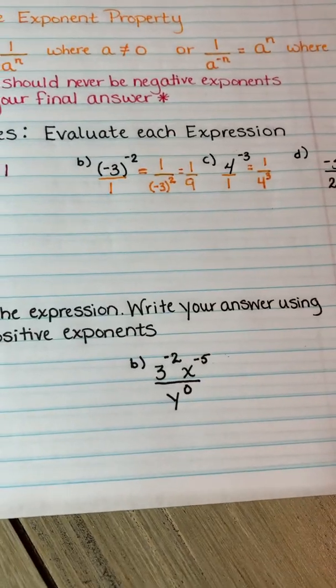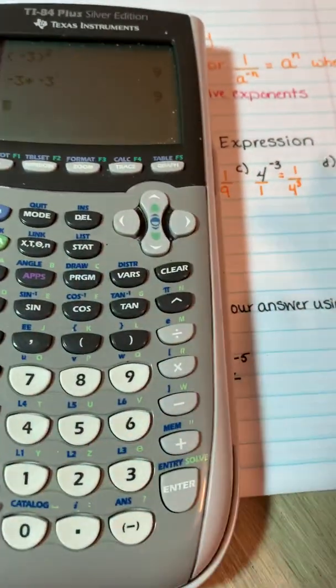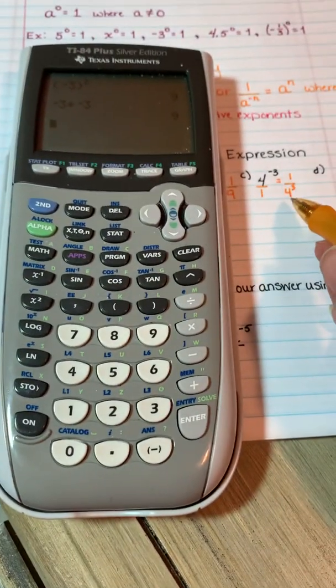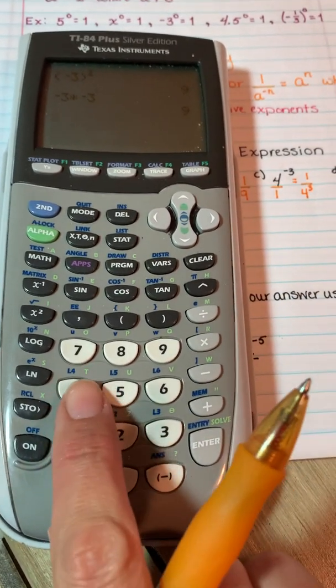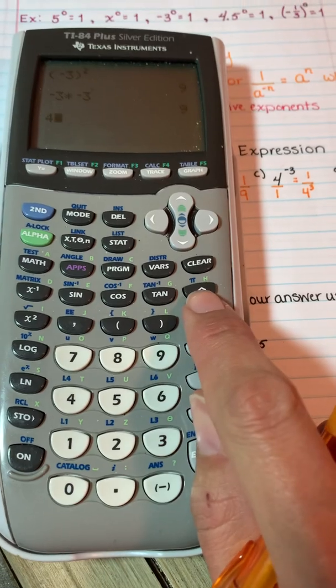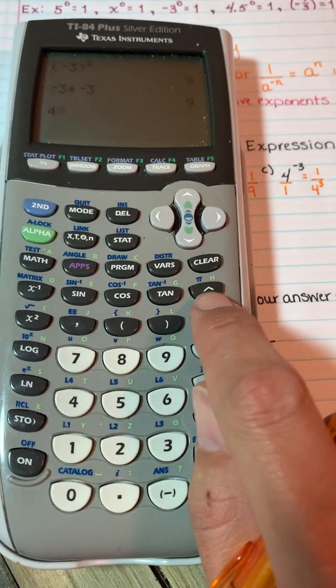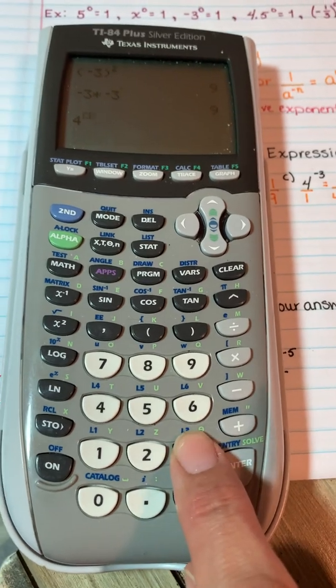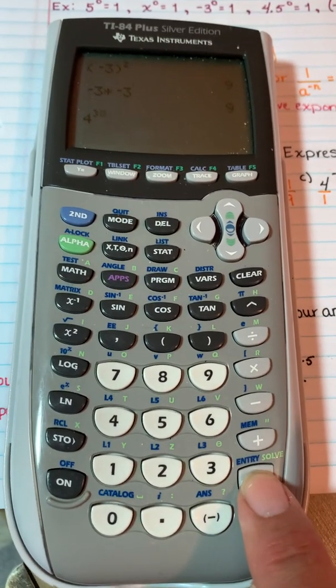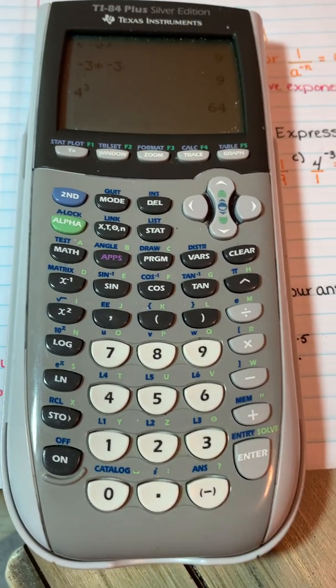And then I can simplify this a little bit further, because I can use my calculator to figure out what 4 to the 3rd is. I can use this little caret or arrow up button here to get an exponent of 3. So 4 to the 3rd is going to give me 64.